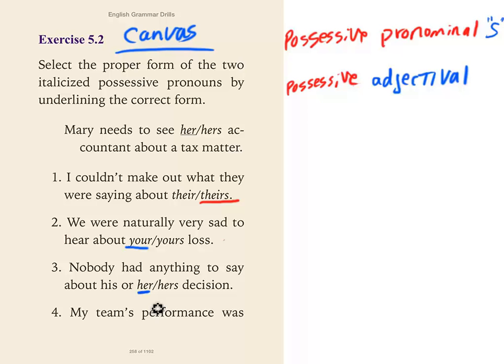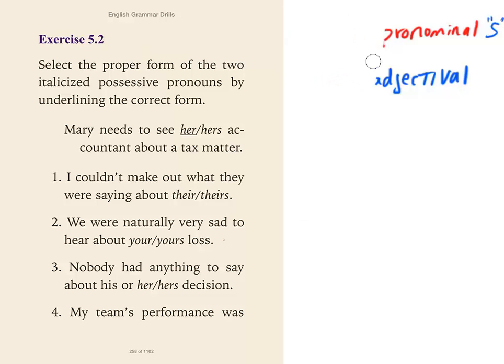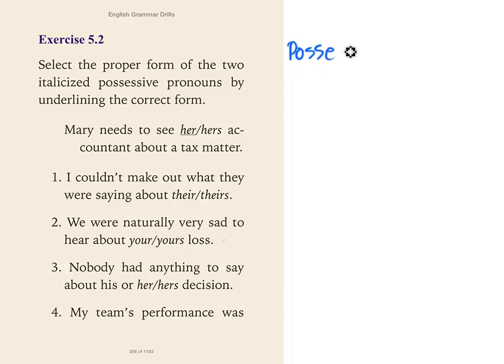And if you have questions, once again, please come before school, or you can stay after school, and I will help you out. I don't think this is overly difficult, even though we learned some difficult terms. And once again, the terms that we learned were the possessive pronominal and the possessive adjectival.